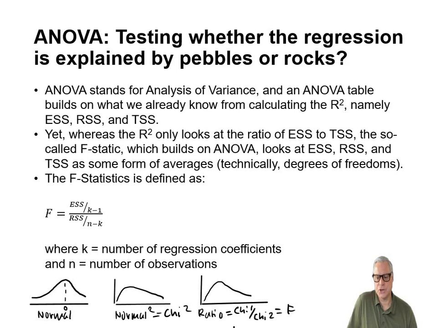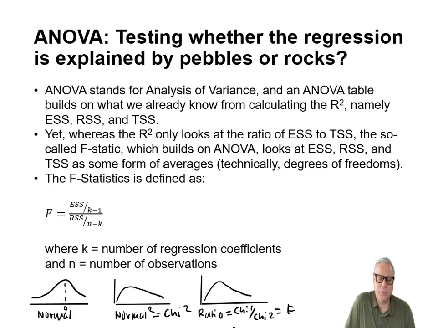So the ratio of two chi-squared distributed variables gives you a so-called F distribution. And the exact shape of the F distribution depends on the degrees of freedom that we have in the numerator, the explained sum of squares, and the degrees of freedom in the residual sum of squares.